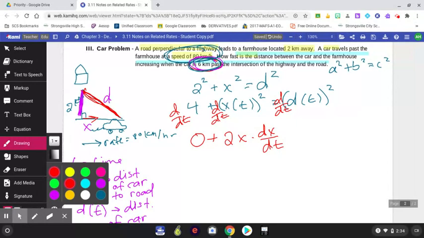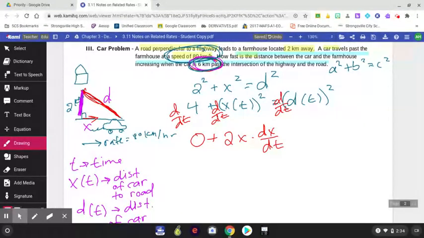This is implicit differentiation. Again, my independent variable is t. I'm asking you to find the derivative of x squared. The derivative of x squared is 2x. X is not the independent variable in this case, so I have to multiply by the derivative of the x function with respect to t. Equals, same idea, the derivative of d squared with respect to t.